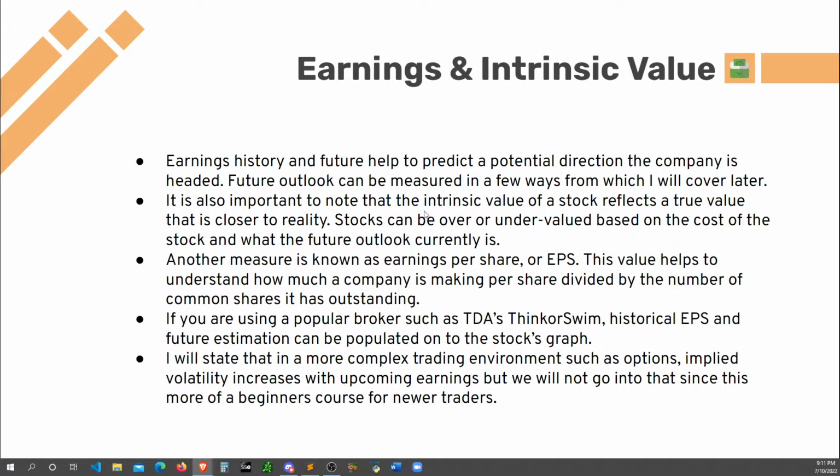And it's going to basically tell you whether or not it's over or undervalued. And I'll go into detail with that a little bit later because there's a particular way that I personally like to determine intrinsic value. I will talk about it real quickly though. To calculate intrinsic value, you estimate the company's future cash flow, calculate the present value of each of the future cash flows, and then you sum it all up to get the present values, and that obtains the intrinsic value.